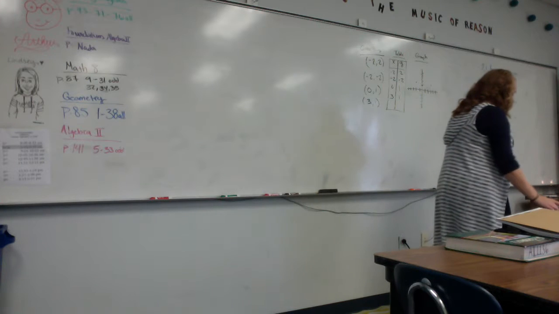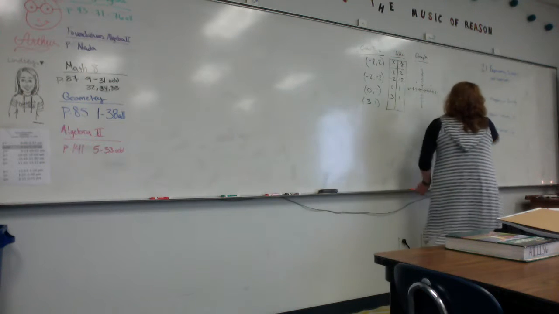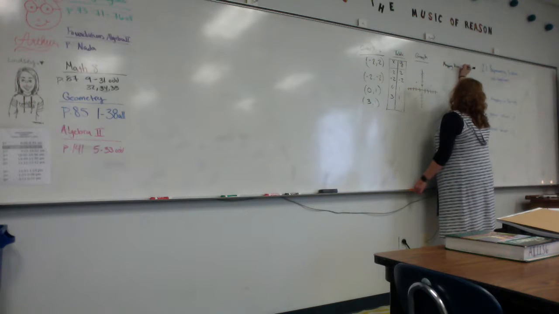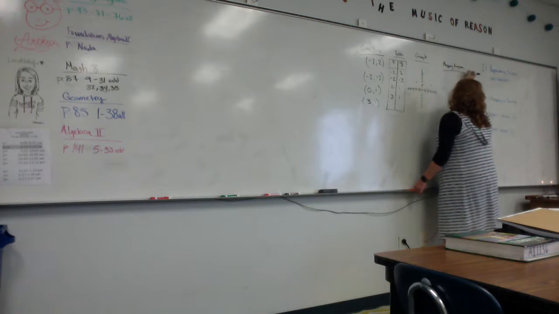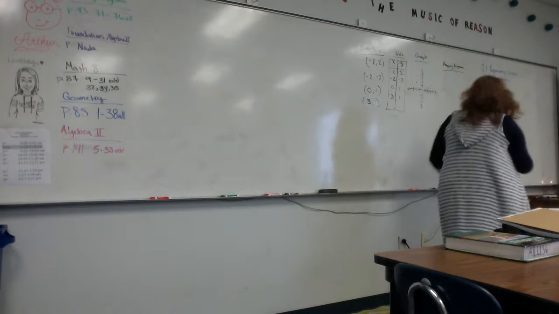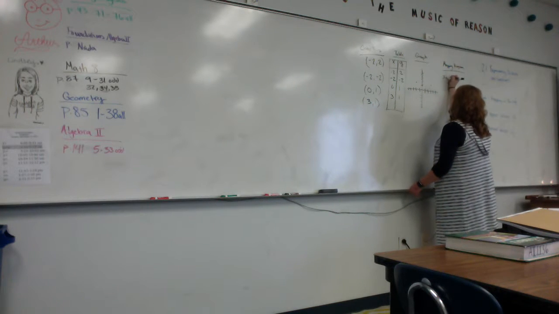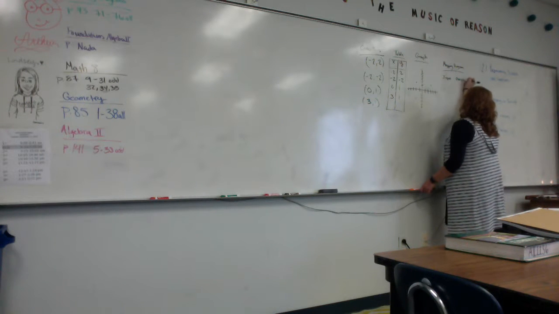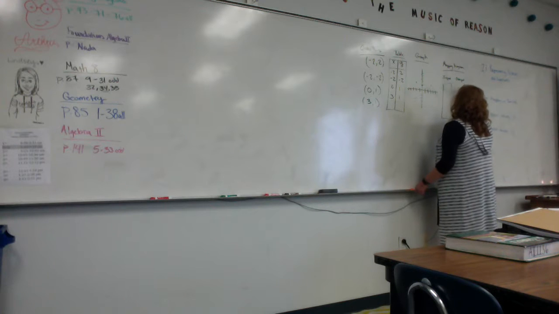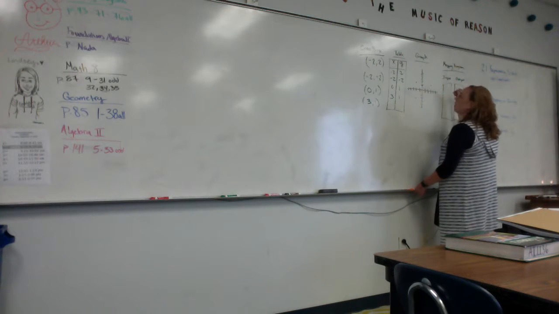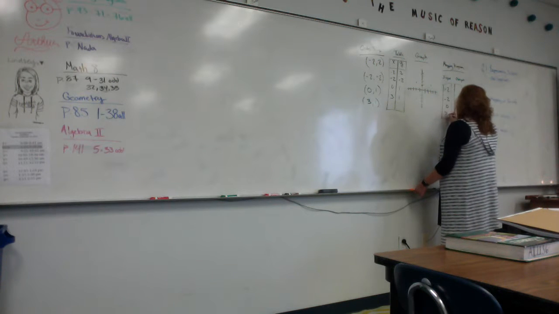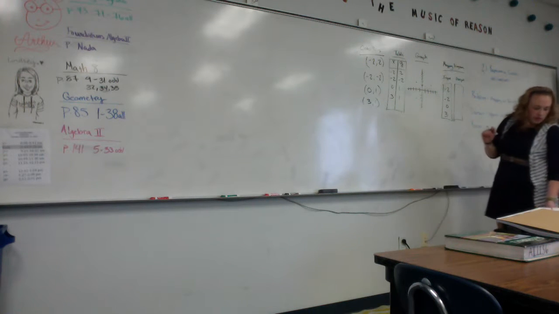And the other way to represent it is called a mapping diagram. I don't know if you guys have seen these before. It's where you have your inputs on one side and your outputs on the other. So if I have -2, -2, 0, 3, I really don't have to list -2 twice.